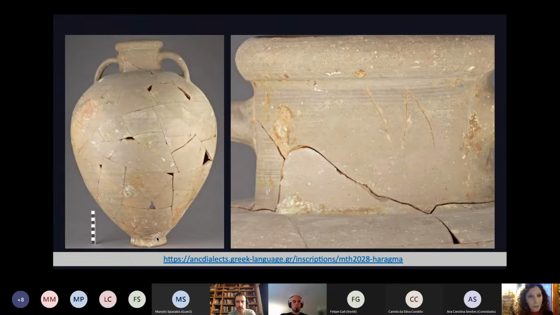And finally this, that is a knee on the neck of a very big amphora, fragmented but reconstructed, and it's very common, the use of one letter on the neck or the shoulders of a vessel, all over the Mediterranean and in the Greek landscape as well.